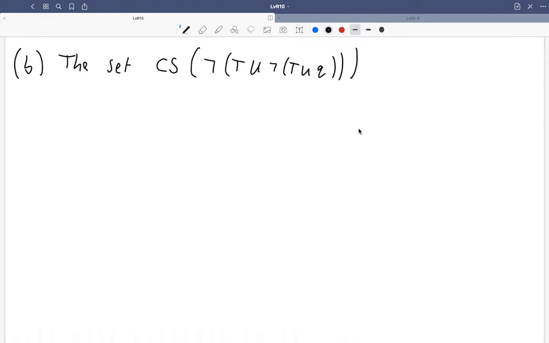So the set of complemented subformulas, they come in pairs, a formula and its negation. So we have not phi and the negation of not phi, which is phi. So I'm going to write them in their pairs. So we have phi. And its negation.